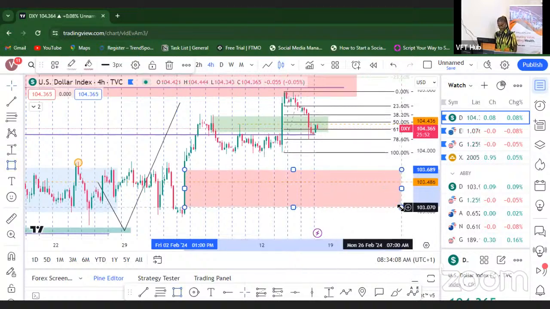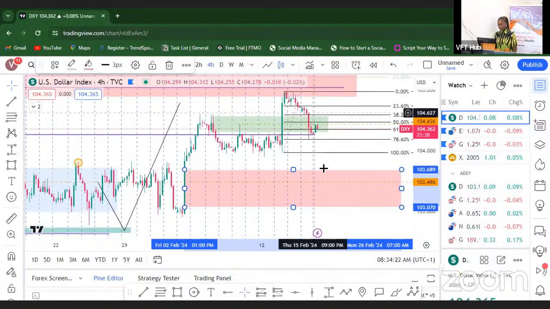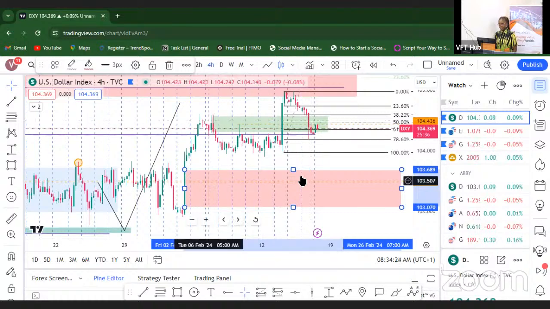So on the 4-hour, I am saying that dollar would sell a bit into this fair value gap. It's just a retracement. It is not the overall trend. The overall trend is a bullish trend, but I want to see dollar price trading into this fair value gap before I continue my bullish ride to the upside.